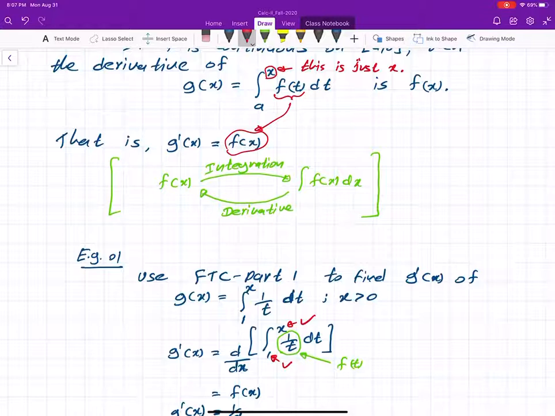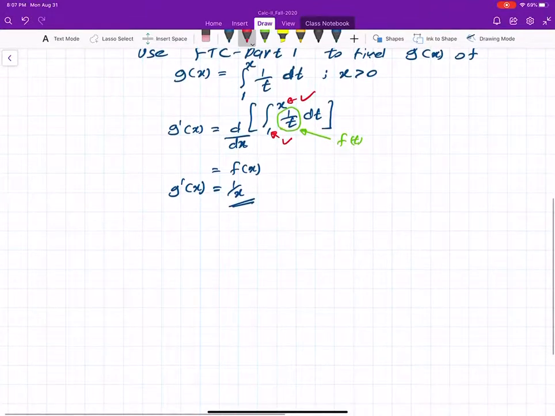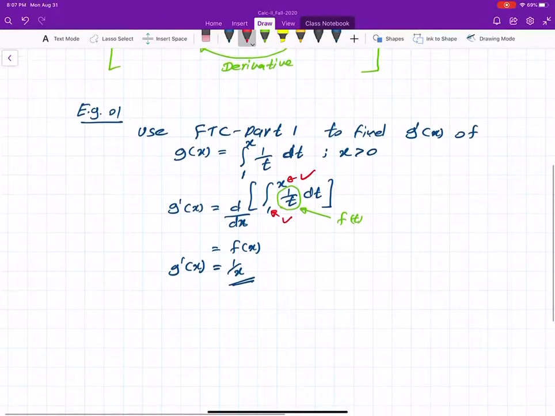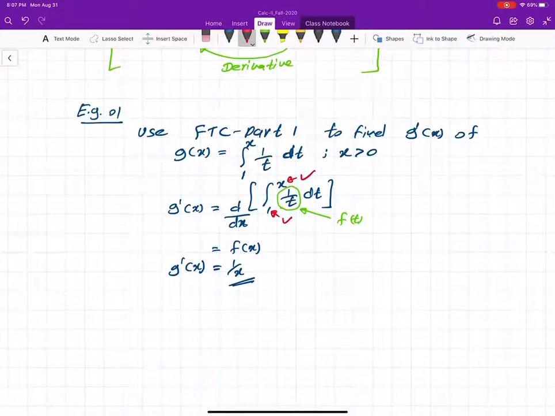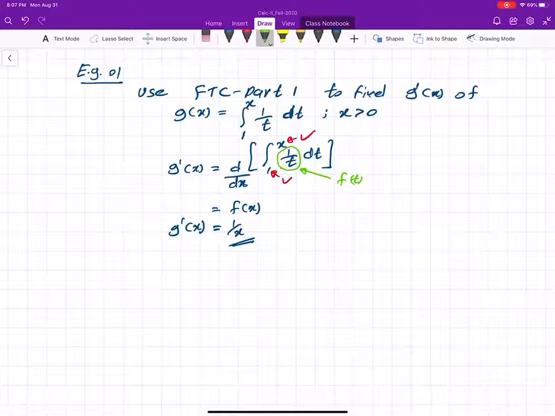All right. Let's go to the second problem. Before going to the second problem, let me write down where I use the fundamental theorem of calculus. I use the fundamental theorem of calculus when I move from that step to this step.